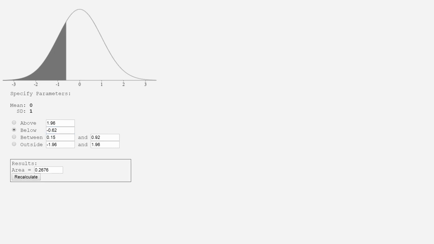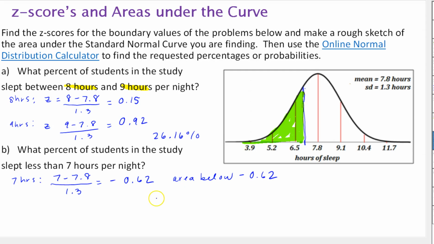That looks correct. It's everything to the left like we wanted, and we get the area as a percentage, 26.76%. I apologize, I misread that at first. It is 26.76%. I forgot when we flip screens.